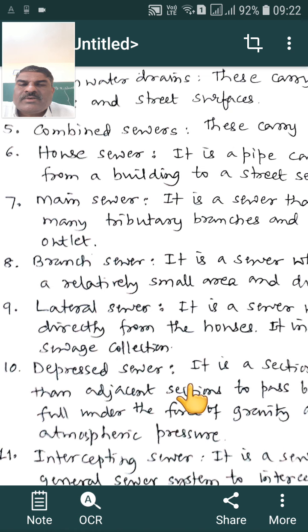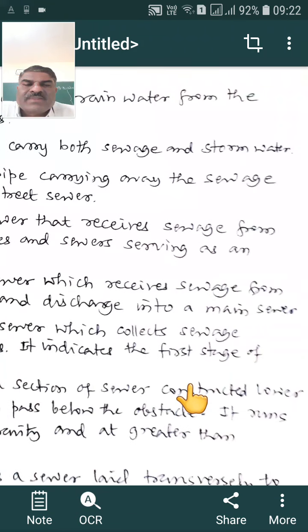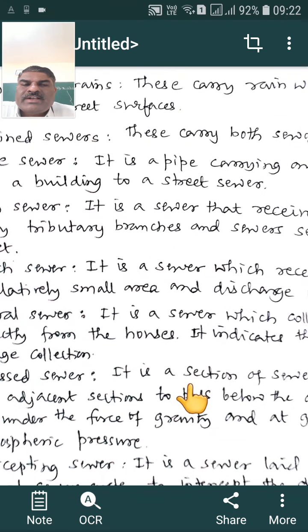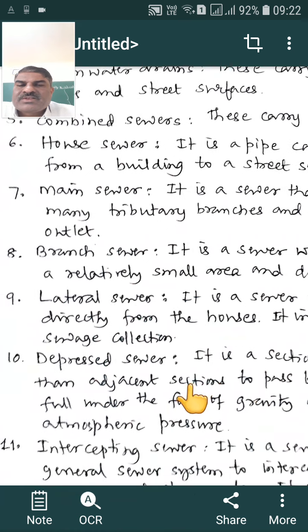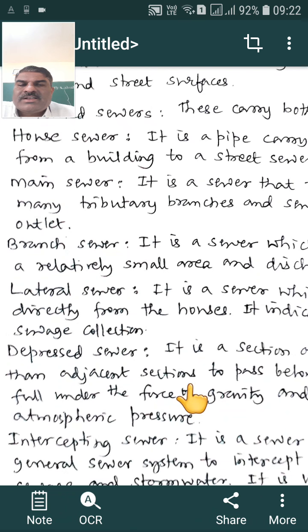Next, house sewer. It is a pipe carrying away the sewage from a building to a street sewer. Whatever sewage comes out from the house will be connected to street sewers. Such a sewer is a house sewer. Next, main sewer.